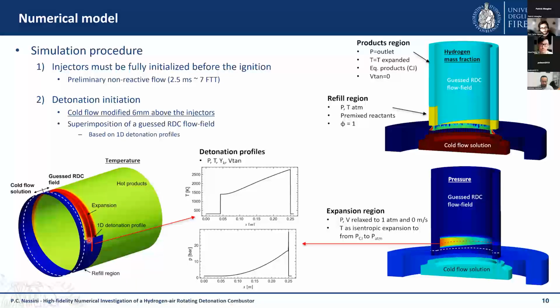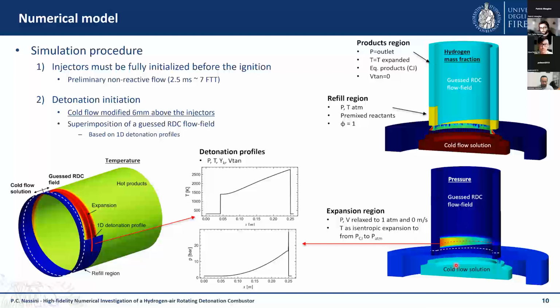So basically, the detonation profile is here, which is then followed by an expansion fan where you expand the pressure from the CJ pressure to the atmospheric pressure, which is set in the combustion chamber, which is also the outlet pressure. And we then calculate accordingly the temperature as an isentropic expansion following this pressure.